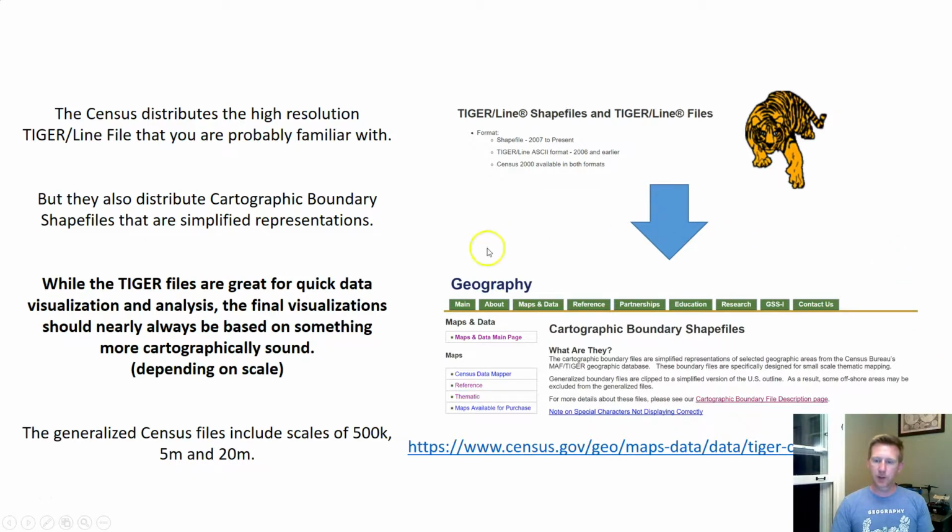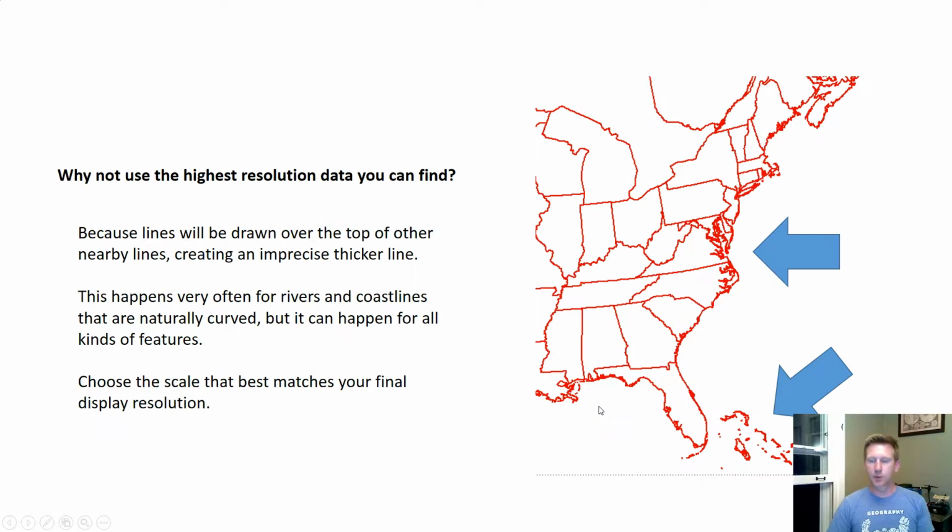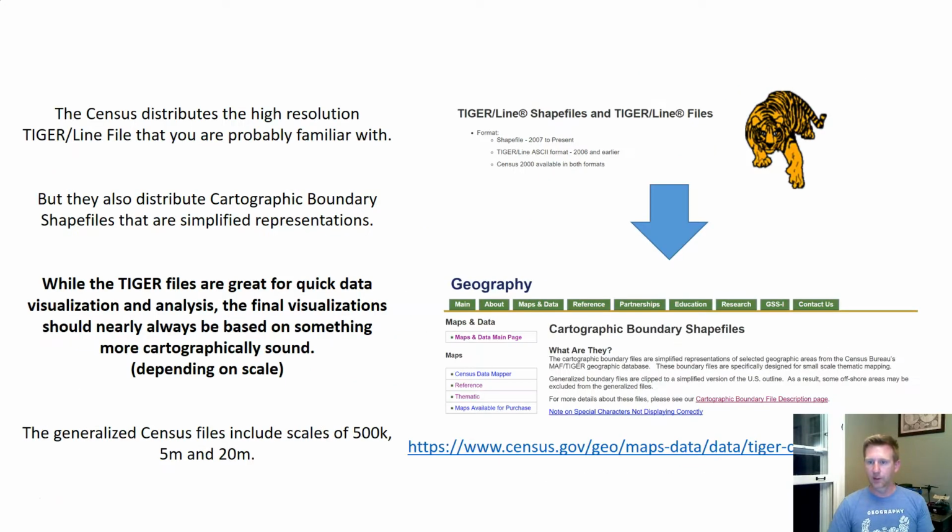They've got these cartographic boundary shapefiles that they pre-prepared for exactly this reason, because they know that the resolution you need is going to depend on the story that you're trying to tell. And so they've pre-simplified some of the boundaries. So be thinking about that when you take a look at your next assignment. Think about what places are going to be most appropriate.